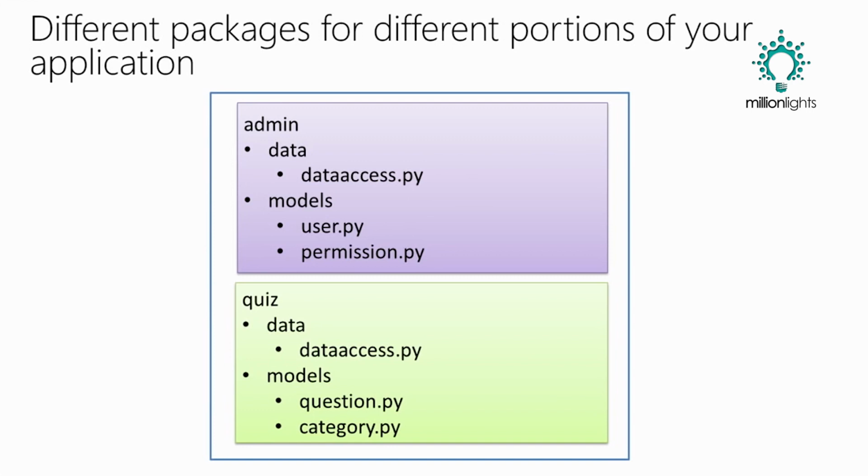The other very big thing that this does for us is it helps avoid name clashes. Let's think about this for a couple of minutes. We may have an admin component, and on the admin component we're going to have our user. But we may also later decide that for our quiz we want high scores, and maybe that's a different type of user, but it's still a user.